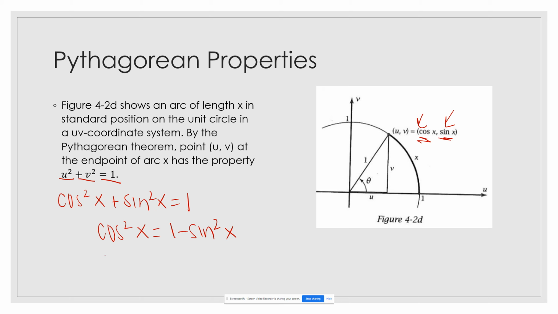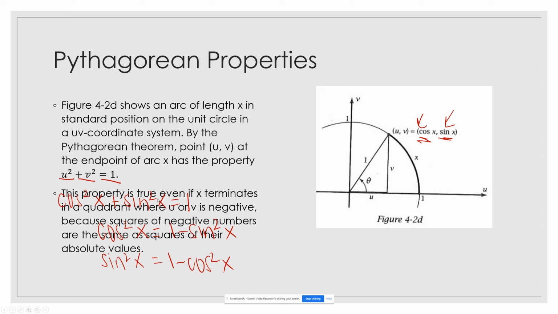We could also rearrange this to know that sine squared of x equals 1 minus cosine squared of x. And what I did was I just used algebra and subtracted cosine squared of x. So these are all a part of the Pythagorean identity. And now if I have a 1 minus sine squared, I could replace it with cosine squared. If I have a 1 minus cosine squared, I can replace it with sine squared because these are equivalent.